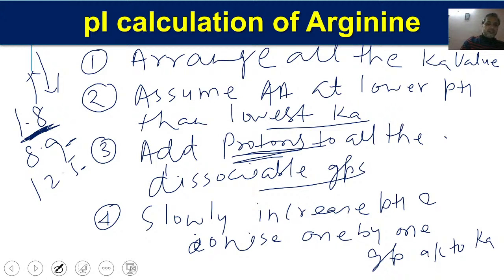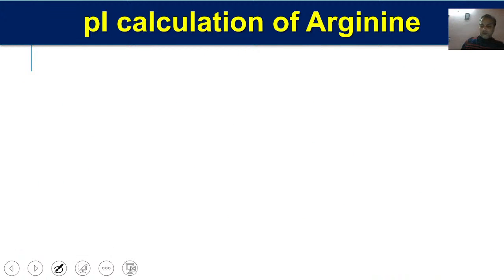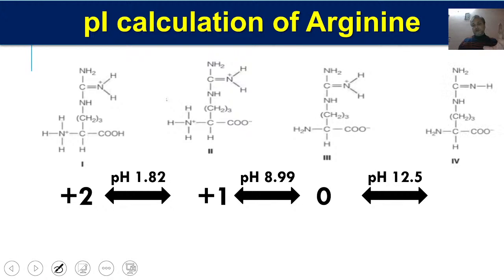So that we have done here. We have arranged 3 pH values. Now take an amino acid at any pH which is less than 1.82. Then see how much charge is there. Then we have slowly increased the pH to 1.8.